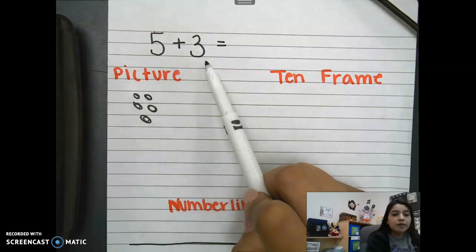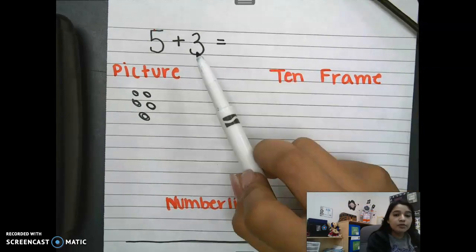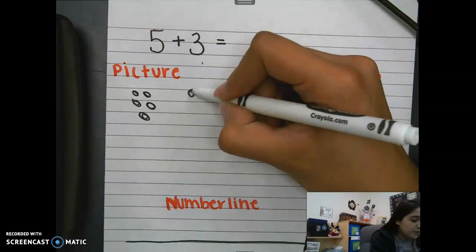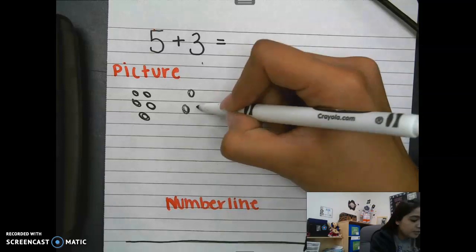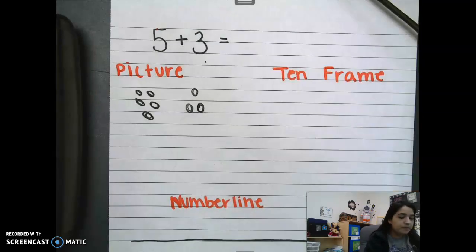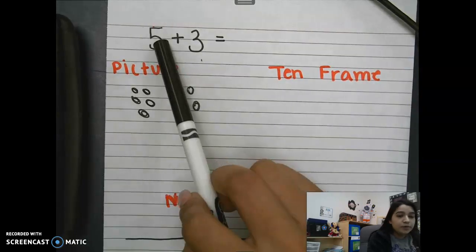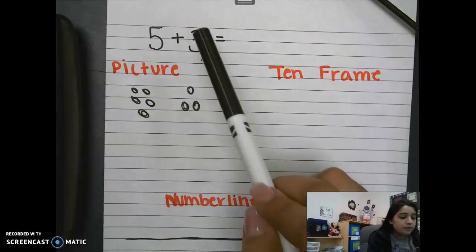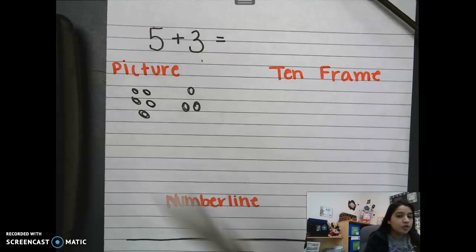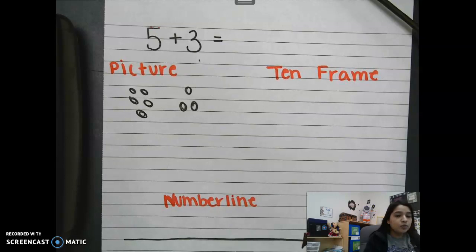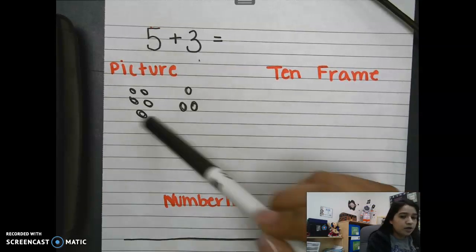Then we have the number 3. How many circles are we drawing? 3. Perfect. So 1, 2, 3. We have 5 circles for this number 5 and 3 for this 3. What are we doing? We are adding, we are joining. So we're going to count our circles all together.